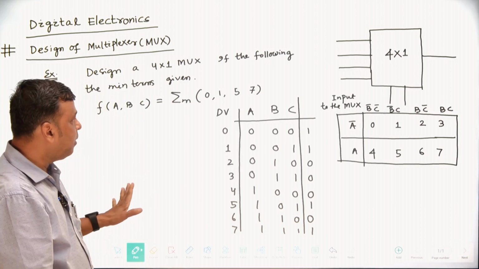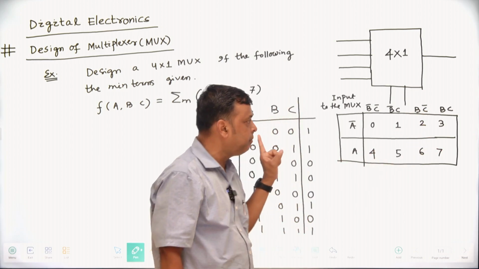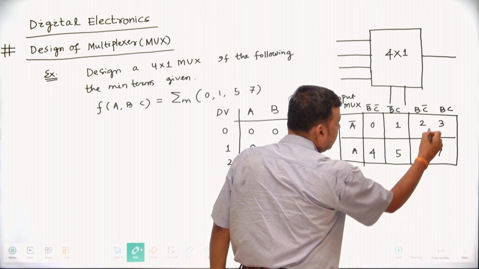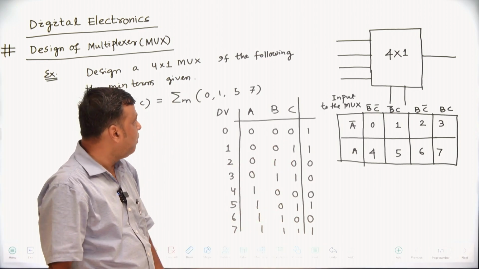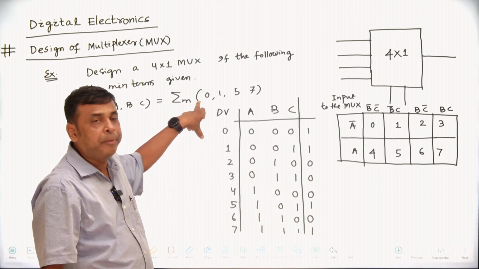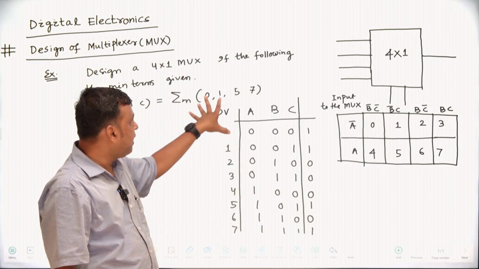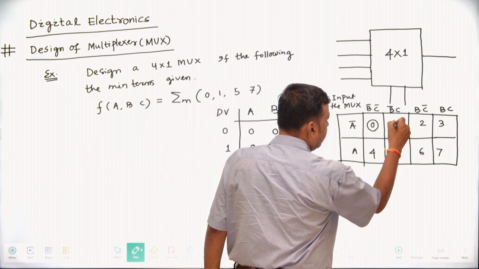If there are 3 variables and a 4:1 MUX, you have to remember that you have to form this type of table. After preparing this table, first of all identify where your minterms are. In this question 0, 1, 5, 7, there are 4 minterms, and encircle them, that is 0, then 1.